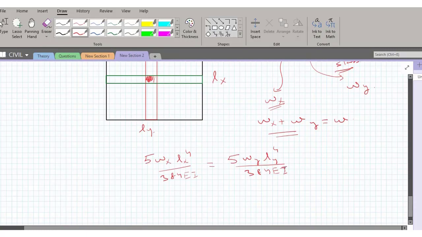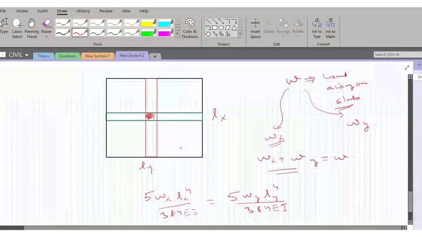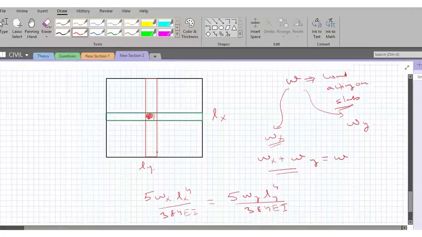So basically it is the deflection on 1 meter strip which has been taken from the slab. Now this is a simply supported slab, so definitely that 1 meter strip which you are taking, you can consider as a beam, and this beam is simply supported. Now at this center point, if I want to compute deflection, about shorter span this will be 5 Wx Lx to the power of 4 by 384 EI, and about longer span, it will be 5 Wy Ly to the power of 4 by 384 EI.